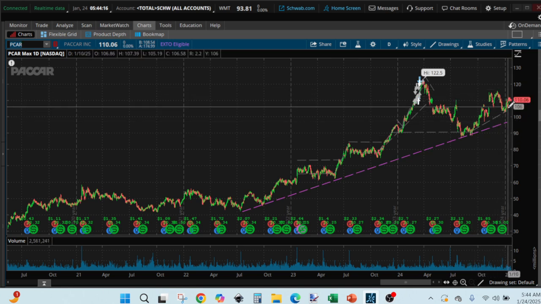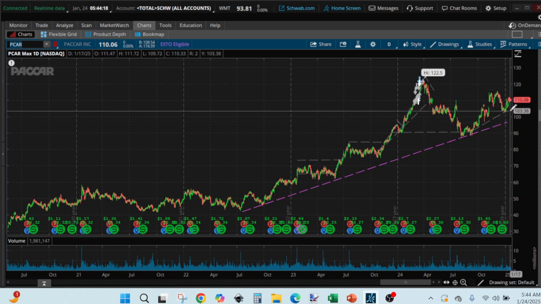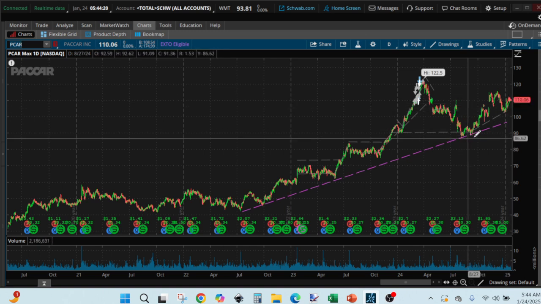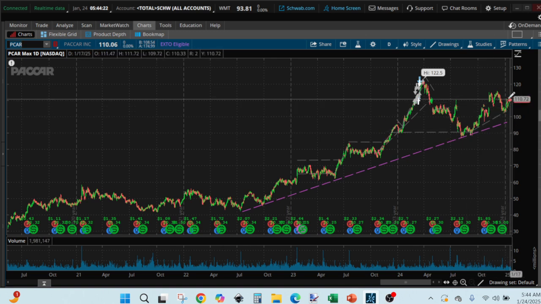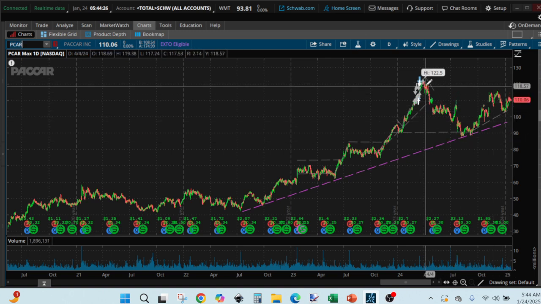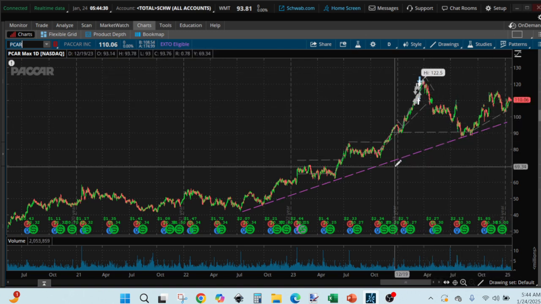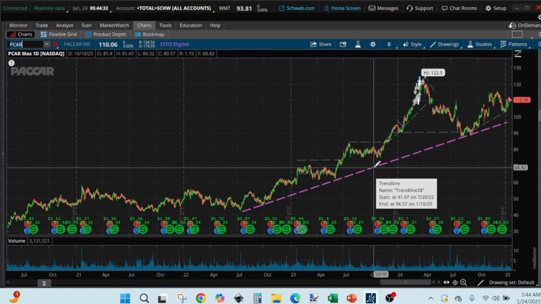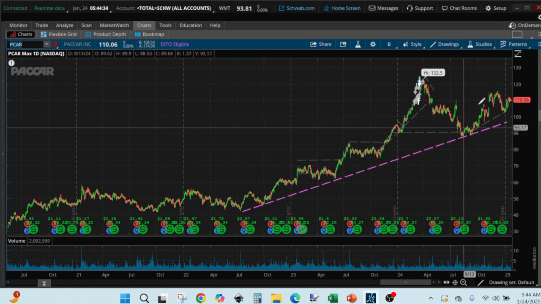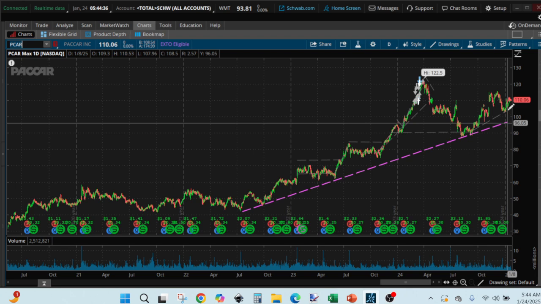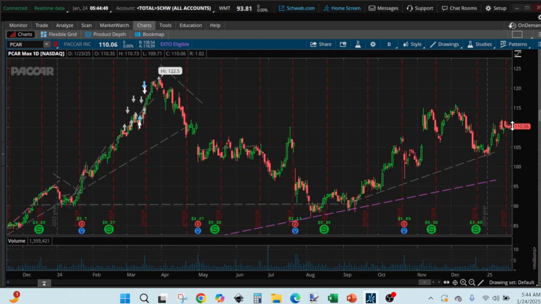So if you don't have PCAR and you would like to purchase it, I think it's still in a good area that you could purchase it, but because we purchased it already, we prefer to just wait for it to go up before we sell it. But it's still close to the trend line, so if today is a green bar, you could buy some shares if you want to buy.